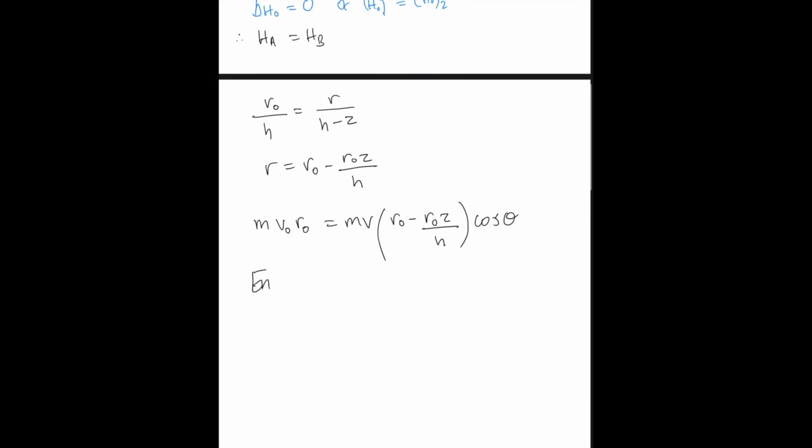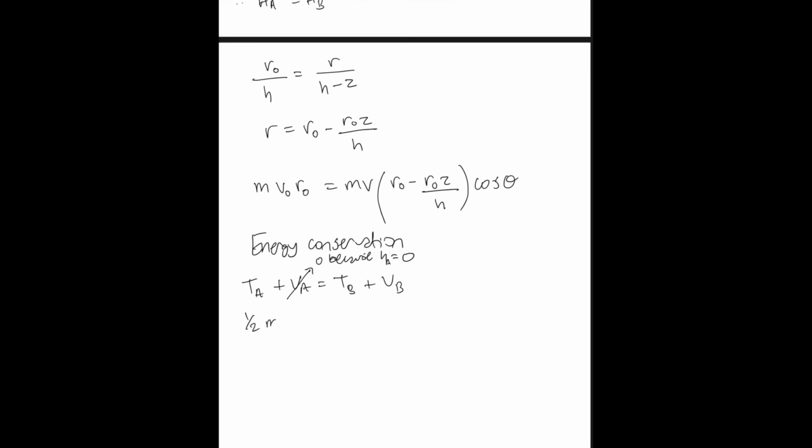Now we're going to do our energy conservation equations, which is TA plus VA is equal to TB plus VB. You know that the potential energy is going to be 0 at A, because h is equal to 0. It's at the top of the rim, so there's no height.